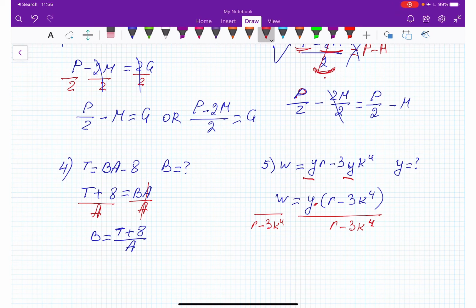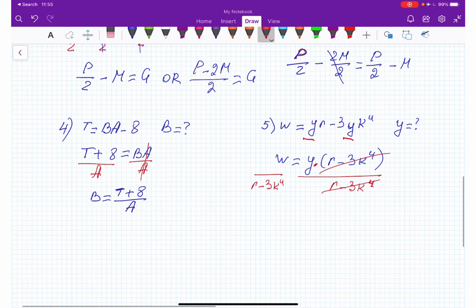So I have to divide by the whole parentheses. Canceling, I'm getting y is equal to w over r minus 3k to the power 4.